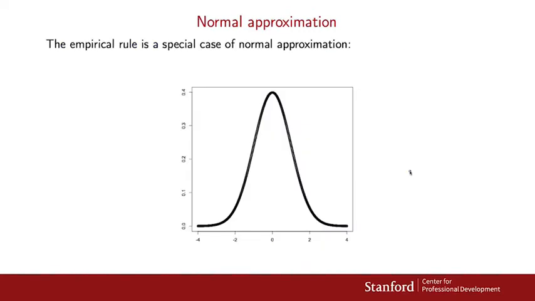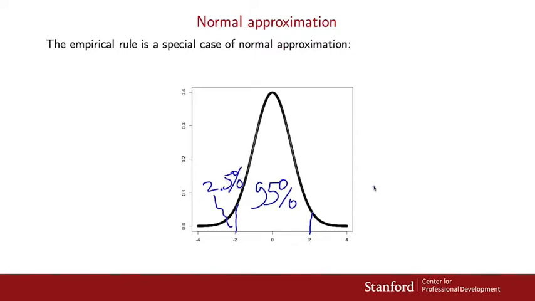By now you've probably realized that the empirical rule is simply a special case of normal approximation. Remember, the empirical rule says that there's 95% of the data between the standardized values of -2 and 2. That leaves us 2.5% to the left of -2.